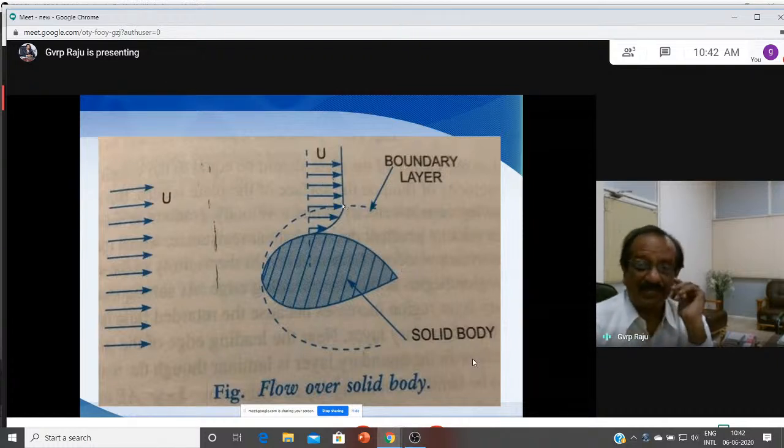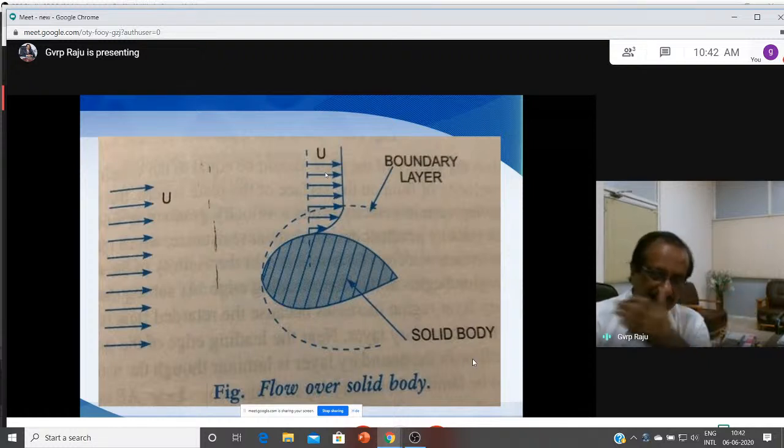So the velocity remains constant; the velocity of the real fluid is the same. Then what is the change of velocity here? Here also U and there also U, so the change of velocity is equal to 0. So the velocity gradient du by dy is 0.